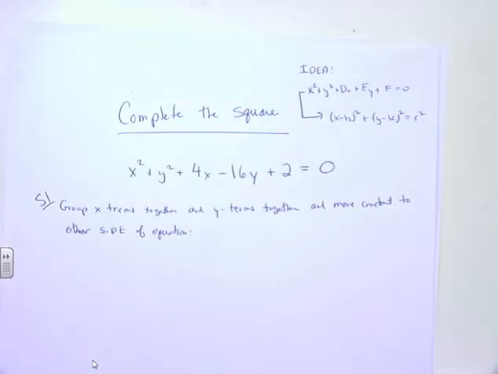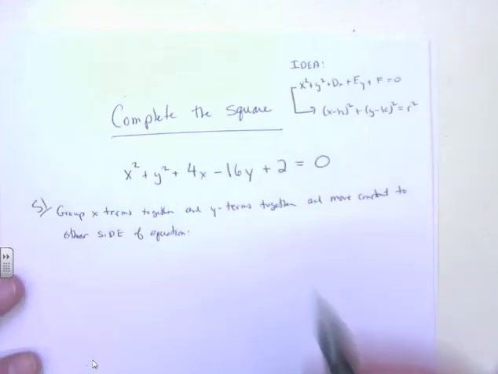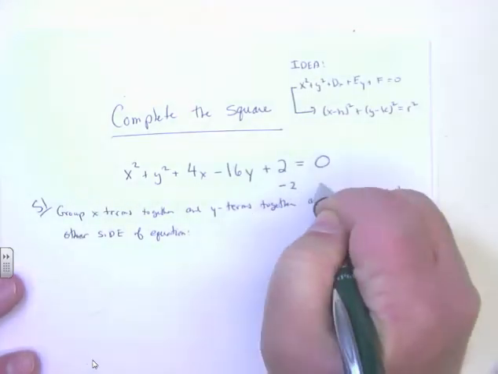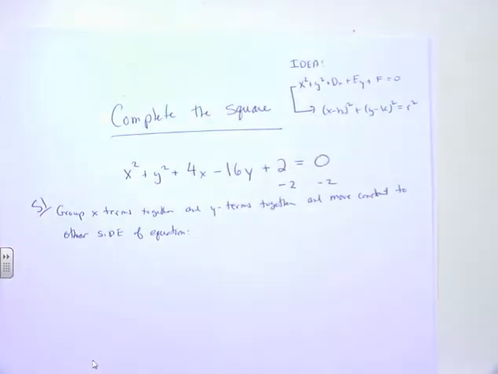All right, I got to get my x terms together. You want to group together like terms. X's, x squareds, I want to put those together, plus y's and y squareds, I want to put together and move the constant to the side. So to do that, this is what I'm going to do. All I'm going to do is subtract 2 from both sides. I'm going to move my constant to the other side. Does that make sense? And then I'm going to rewrite the order, because a plus b and b plus a are the same thing. So as long as they're together, it doesn't matter what order I put them in.